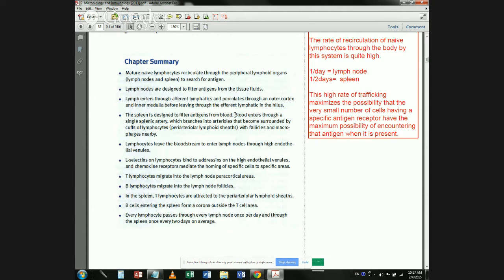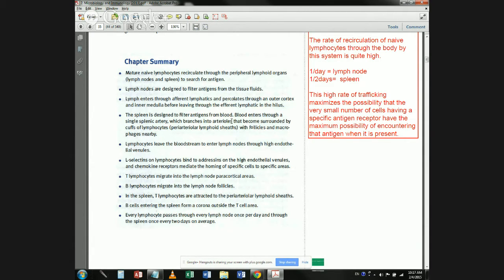Blood is the site of T cells and B cells. Blood enters through a single splenic artery, which branches into arterioles that become surrounded by cuffs of lymphocytes. These are the periarteriolar lymphoid sheets. And on top of those are follicles. These follicles are rich in B cells and macrophages.